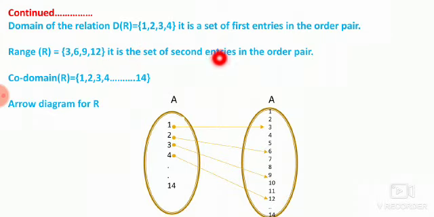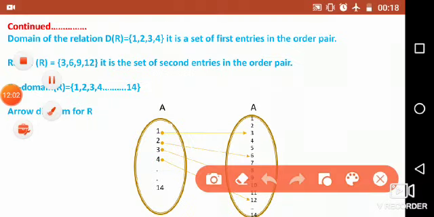It is the set of second entries in the ordered pairs. These are the images, that is called the range. The codomain in the given set is 1 to 14. And this is the representation of the relation by an arrow diagram. As I told you, these questions will be expected in the examination for 3 marks.